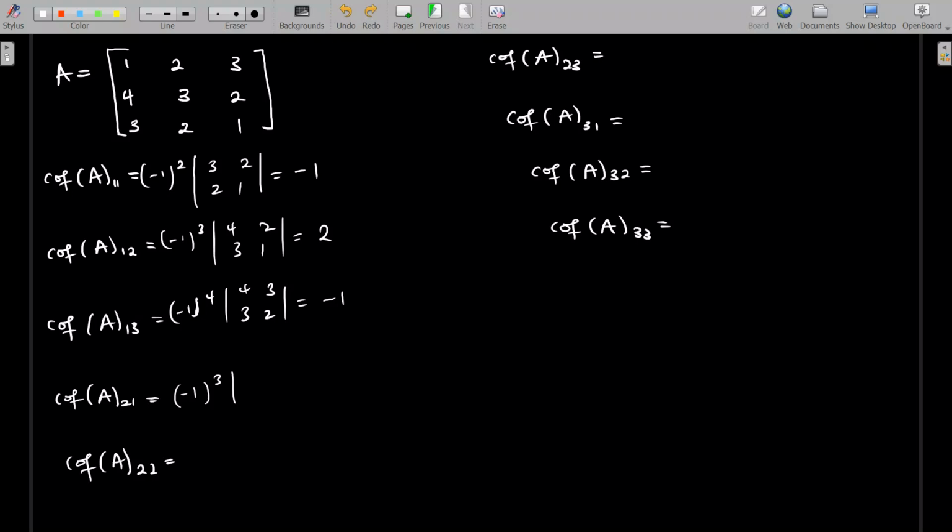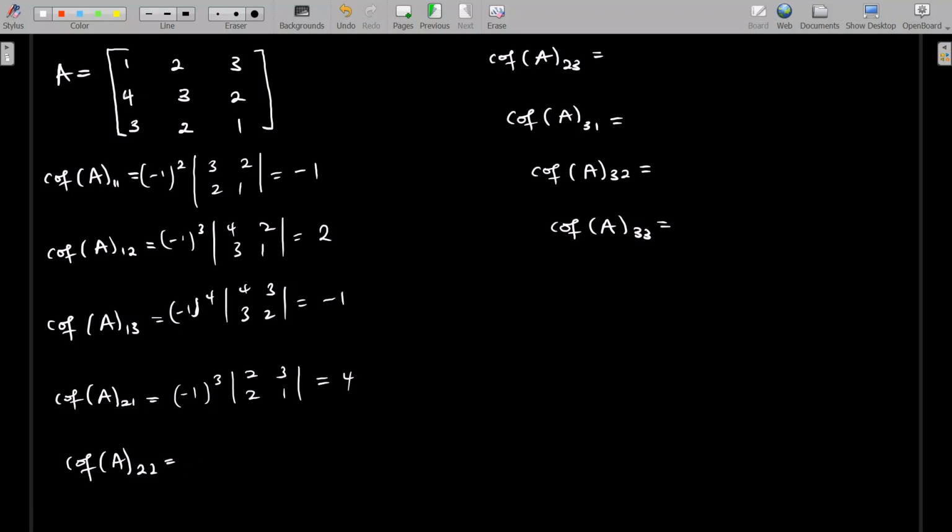So it's row 2 cancelled, column 1 cancelled, right? So it's 2 3 2 1, and negative 1 to the third power is negative 1. The determinant here is 2 minus 6, which is negative 4, times negative 1, that is 4, right?